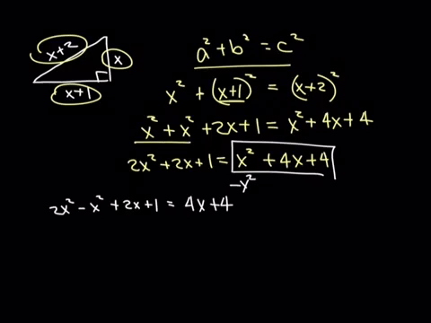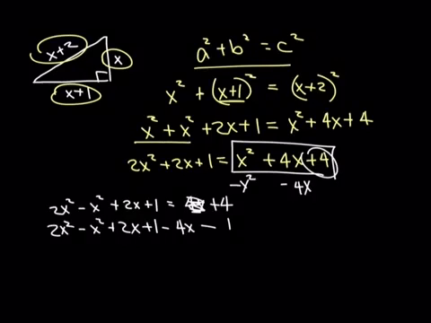Usually I do this all at once, but I'm just going to do it one bit at a time. I'm going to subtract 4x, so that one's going to go away. And we put it on the other side. And then we're going to subtract this 4 from both sides.